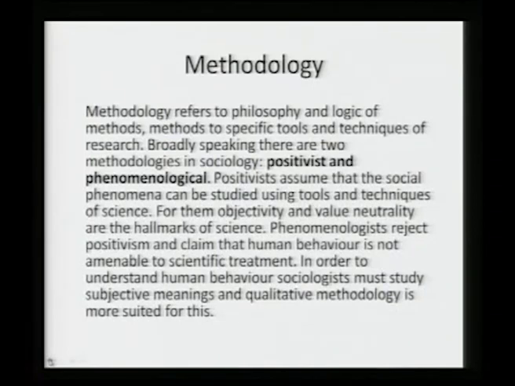Actually, when sociology developed as a science by founding fathers like Comte, it started with the assumption that though the subject matter is different, sociology is as much a science as other natural sciences, which means that the tools and techniques of science, mathematics, experimental sciences, logic, etc., can be applied to study social phenomena.